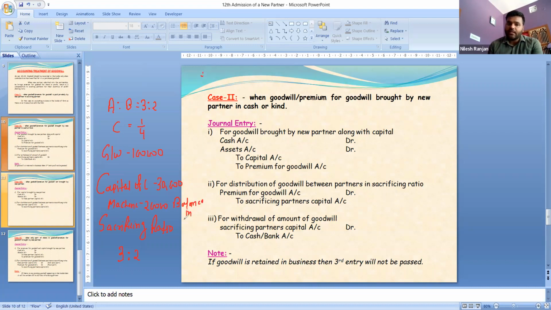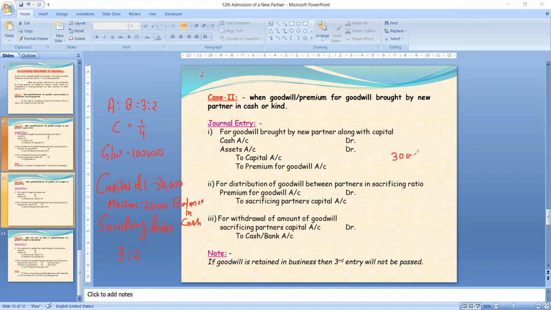Can you tell me the total amount brought by C? 50,000. Good. So capital of C is 30,000 and premium for goodwill will be 25,000, 5,000 extra for the goodwill.